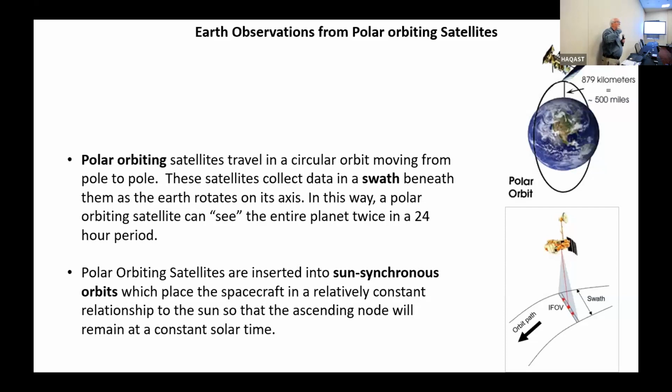And as a result, they're able to sample the full planet twice a day, once in the daytime, once in the nighttime, which means that you're really only getting one observation over a particular place, particularly in the daytime when we're doing most of the composition retrievals. So it's good that it can see the whole planet.